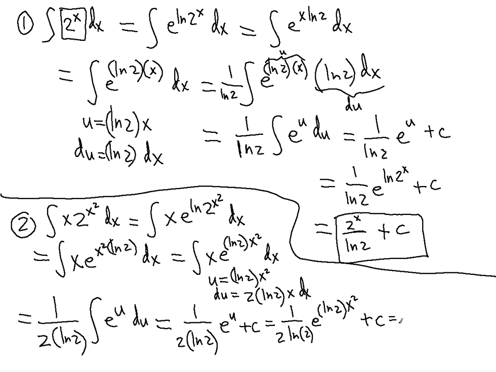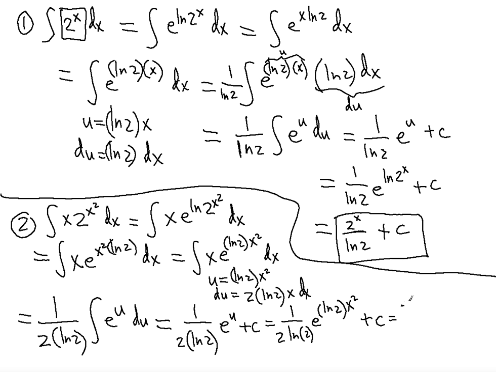So that turns out to be, let's work our way back looking at the e here. e to the ln 2 x squared. So we're starting here. So e to the ln 2 x squared is written as e to the ln of 2 to the power of x squared, which is the same thing as the original function 2 to the power of x squared, right?